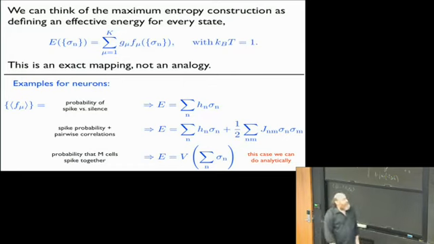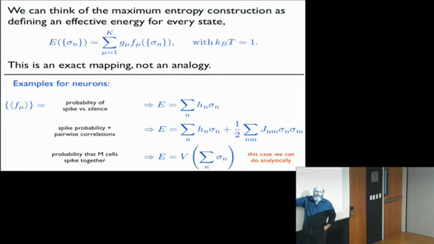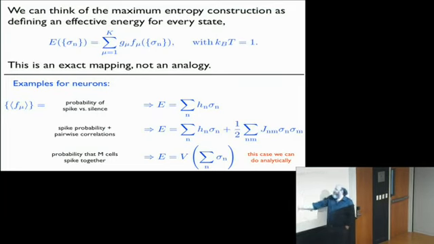So let's think about what some of these things are in the context of neurons. Some of the expectation values that I might try to match are things like just the average probability that each neuron is spiking or silent. So that's the expectation value of the sigma i's. If I do that, then the energy function is just a bunch of spins in magnetic fields, plural, because the magnetizations, that is to say, the probabilities of spiking from the different neurons, could be different.